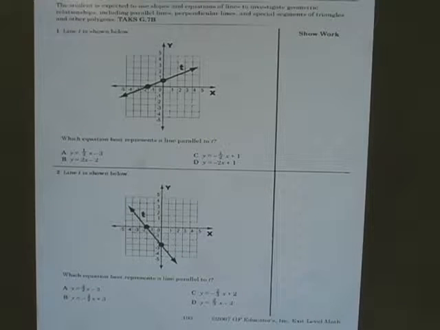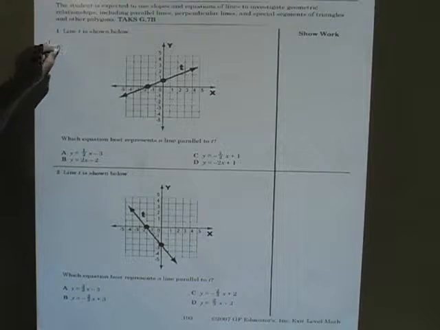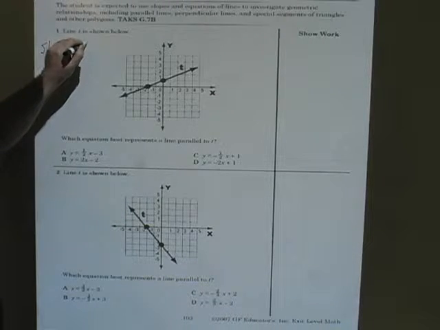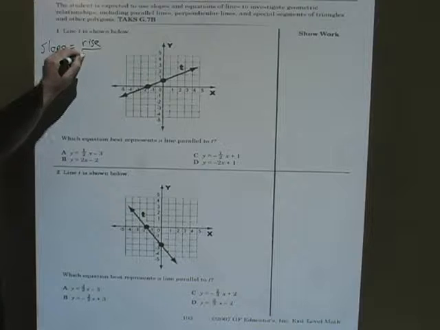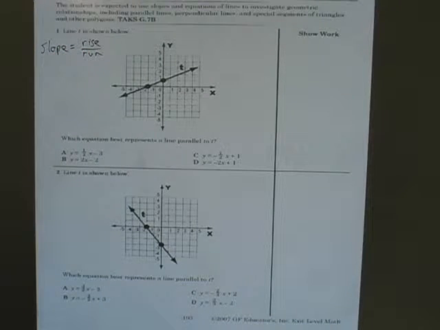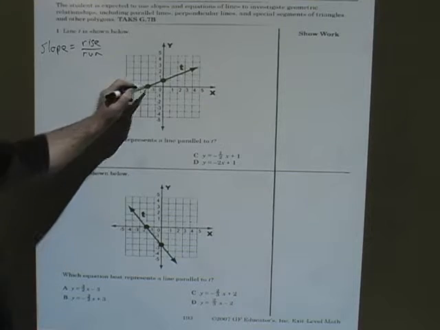Okay, line T is shown below. Which equation best represents a line parallel to T? Okay, let's go back to our equation for slope. Remember, slope is rise over run. So we can find the slope of this line.